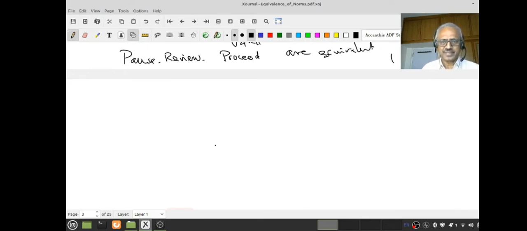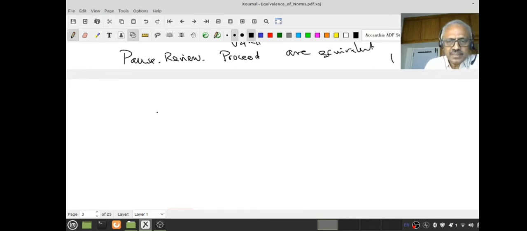These are the reasons why we want to study equivalent norms. Similarly, K is a compact subset with respect to norm 1 if and only if it is a compact subset with respect to the second norm. Why? Because the topologies are the same. Now do you understand the reason why we want to look at it? Very good.